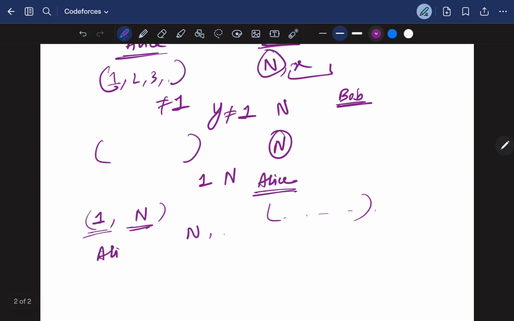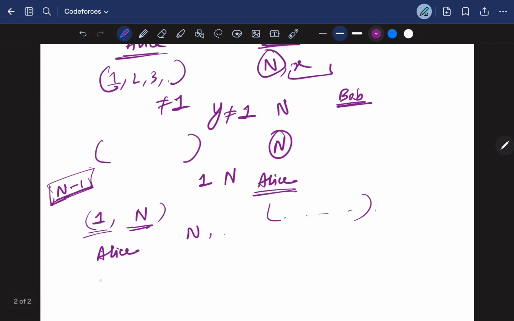This is Alice. Now what if Alice doesn't have the first card? In this case, we will check, does Alice have the second most valuable card? I'm talking about card number n-1.